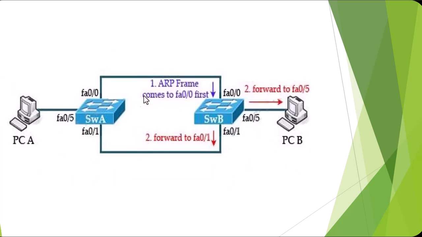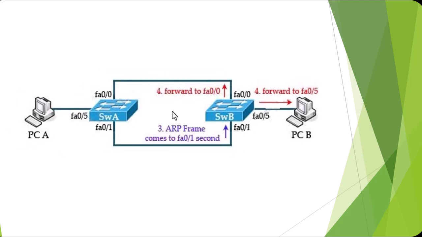Switch B, suppose the first time the packet comes in from FastEthernet 0/0, will forward the packet to all its other ports, 0/5 and 0/1. The next time the packet comes from 0/1, again it sends it to 0/0 and 0/5, and this will continue, bringing the network down and creating a loop. We call that a broadcast storm.